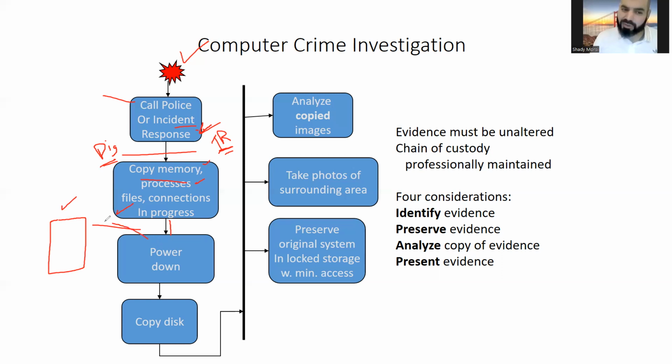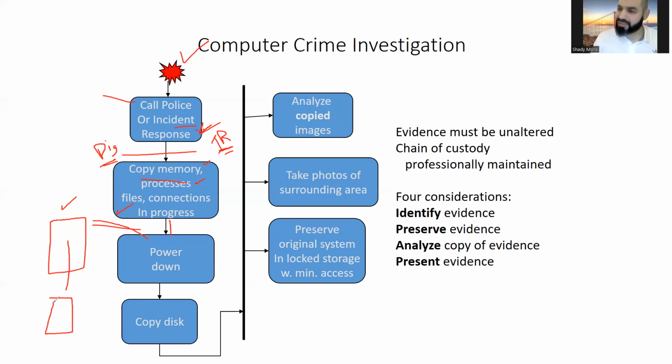You take it out of the network. Why? Because you don't want the attacker to still have access to this computer and start to clear his tracks or delete logs. This is becoming evidence, so I really need to take it out of the network. Once he takes it out, he will start to make something called a copy drive, or a copy image.